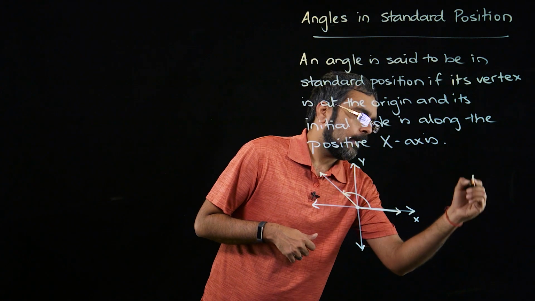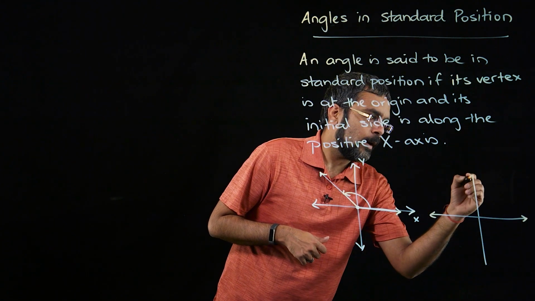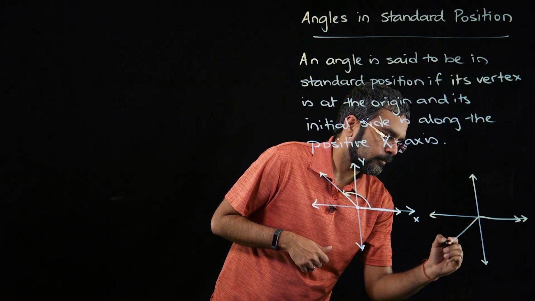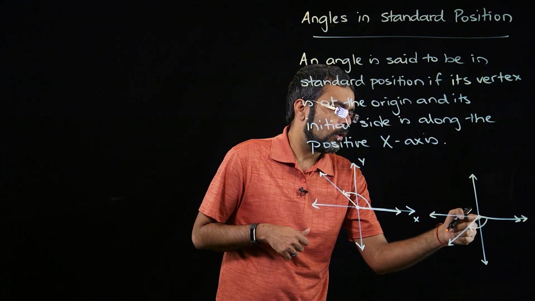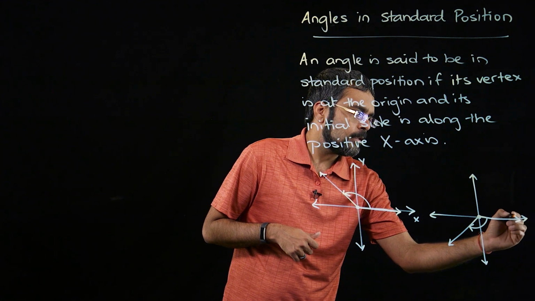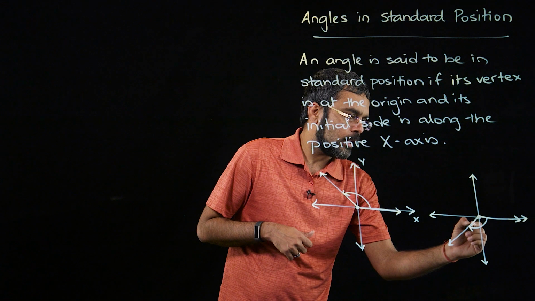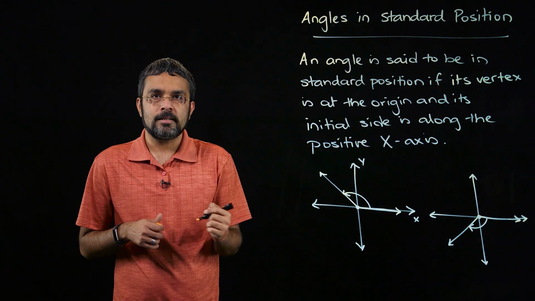Or I could have an angle that opens in clockwise direction, or an angle that is negative, and that would look something like that. Okay, so again, we notice that the vertex is at the origin. The initial side here is along the positive x-axis, and then I have an angle that opens in a clockwise direction, and so this angle is also in standard position.